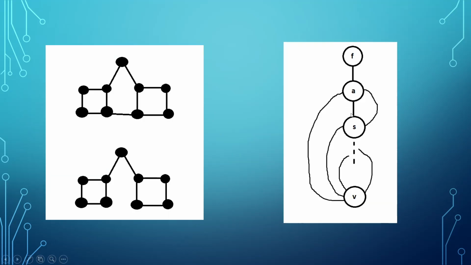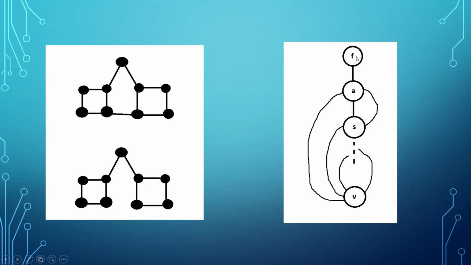Let me explain what I've just said. So we have F being the father of A, A is the father of S, and V is a descendant of S. According to the second condition of our lemma, there is no back edge between descendants of A and its proper ancestors.